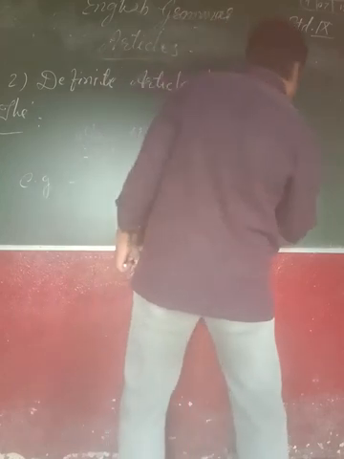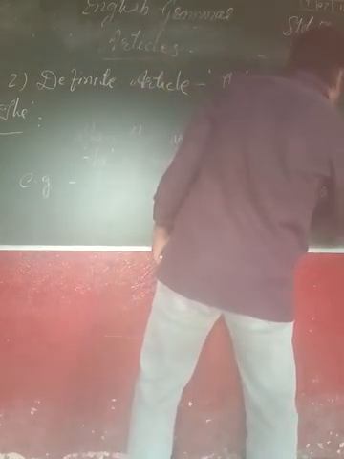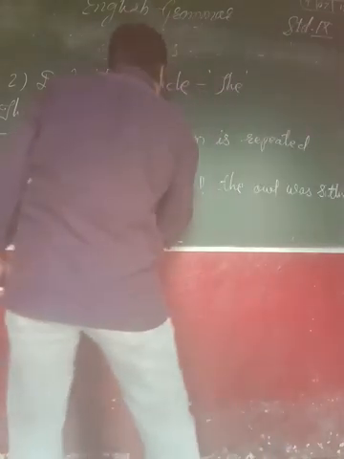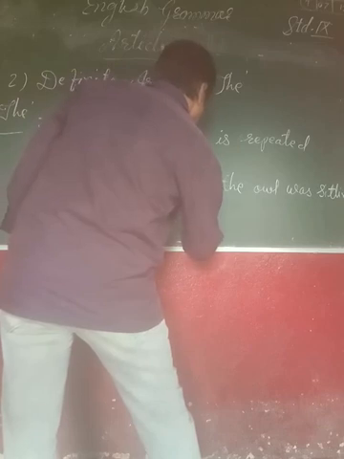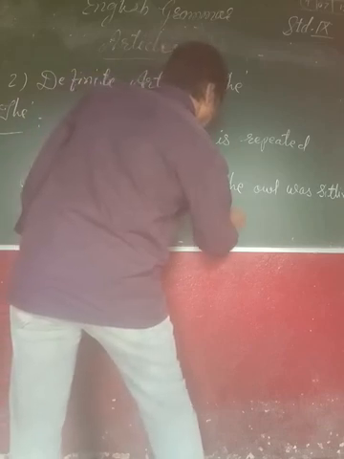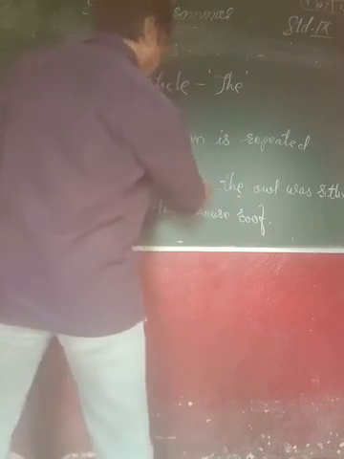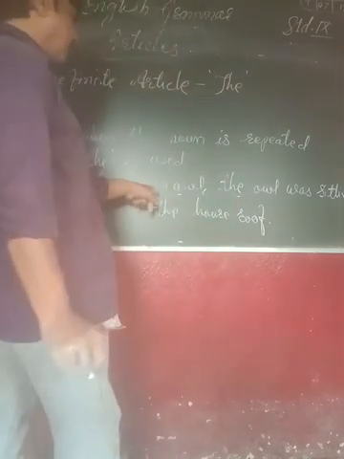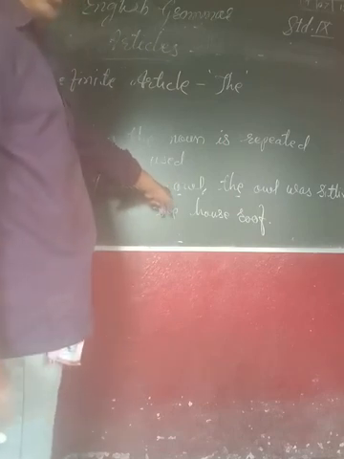The owl was sitting on the roof, the house roof. You can see that now, here in the same sentence. One time when it is used, it is not repeated.